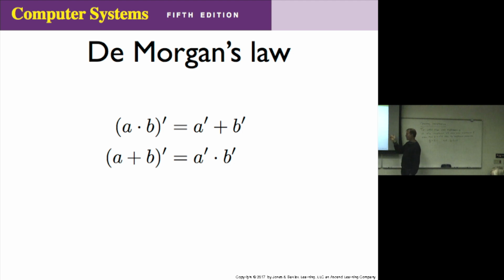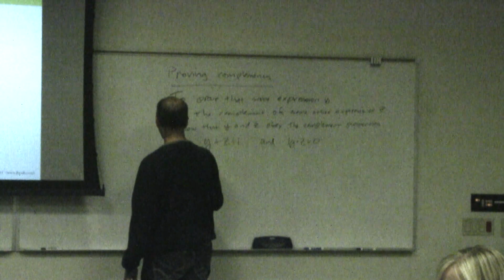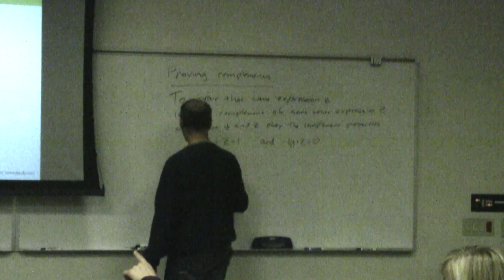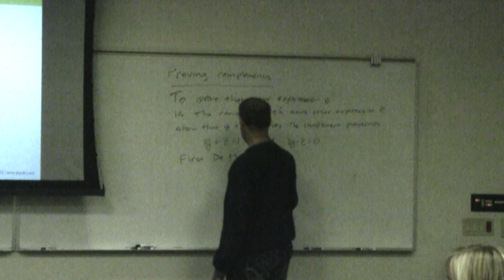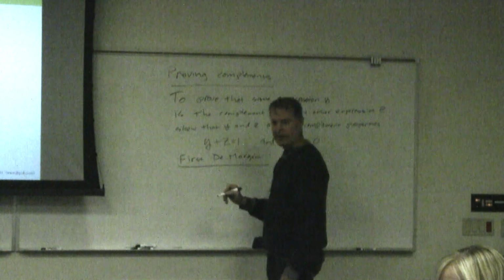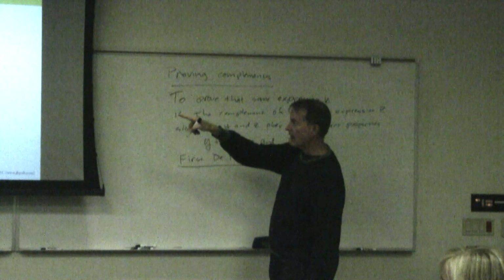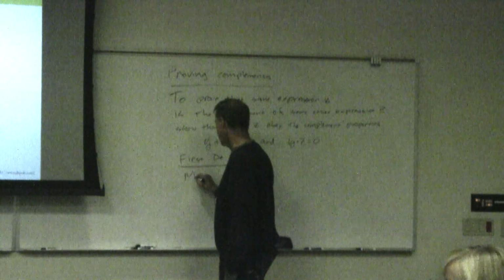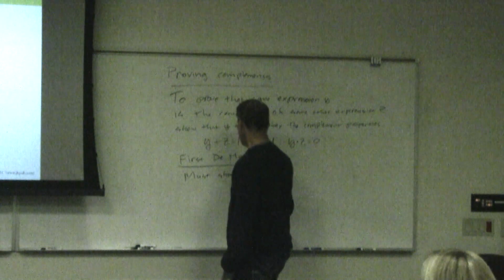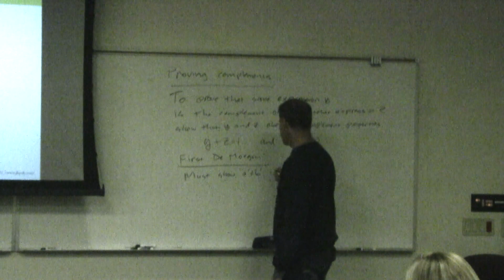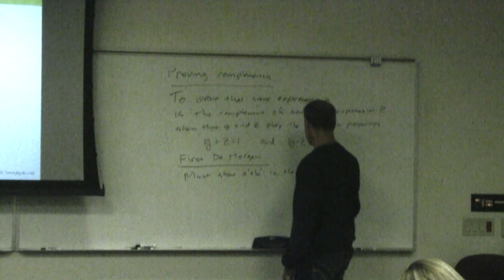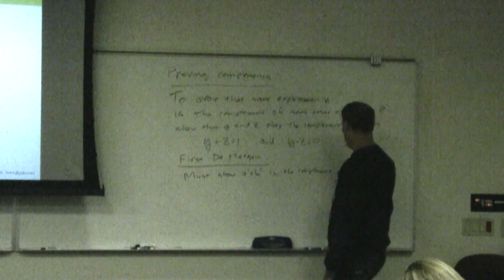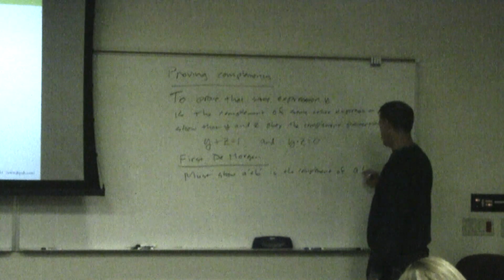Are you with me? The De Morgan's law, so to prove the first De Morgan's law, we have to show that A prime or B prime is the complement of A and B. We must show that A prime or B prime is the complement of A and B, right?